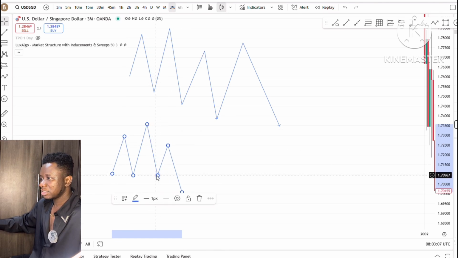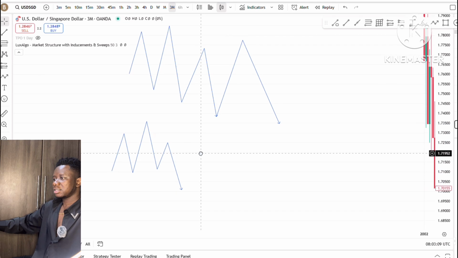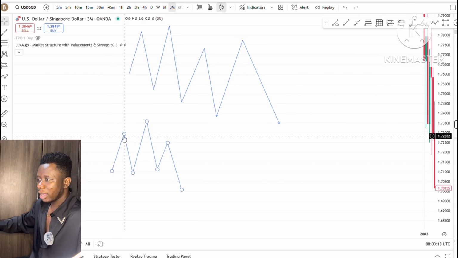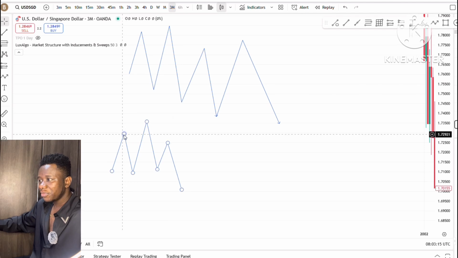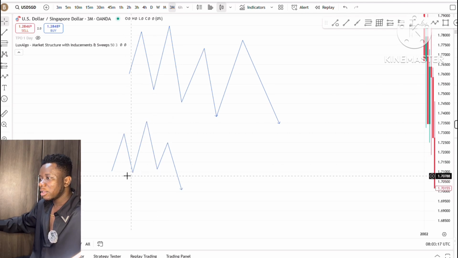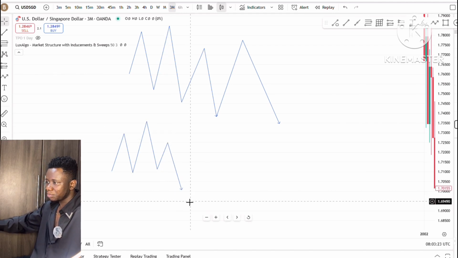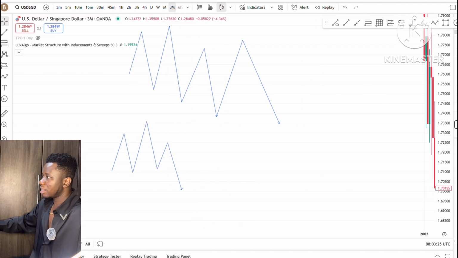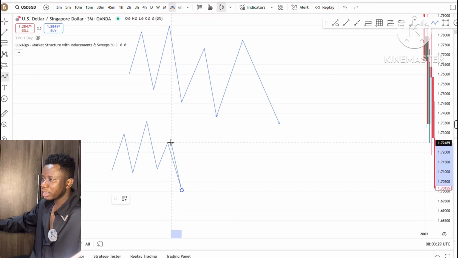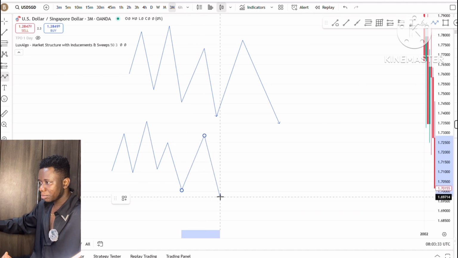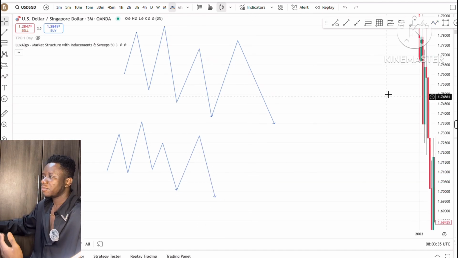Something like this: a high, a sweep of the previous high, and then before the break of structure, price will create an engineered liquidity or structural liquidity before it breaks. And then when price comes back, it will sweep the structural liquidity, and then boom, it will sell off.